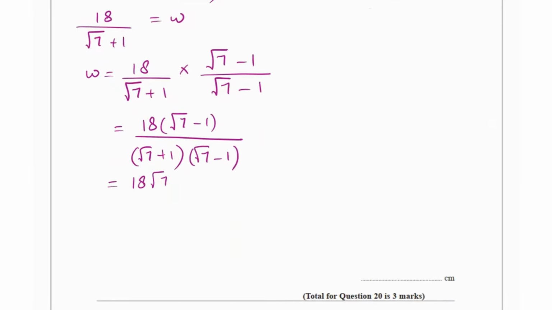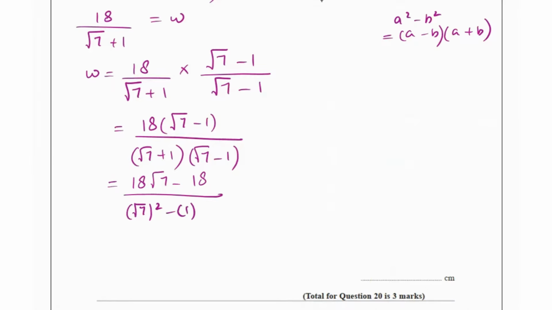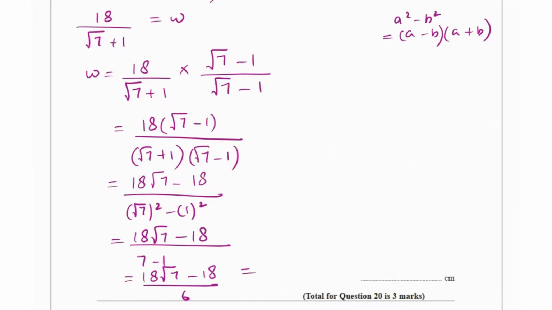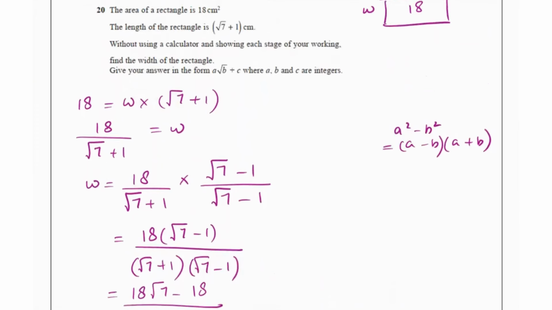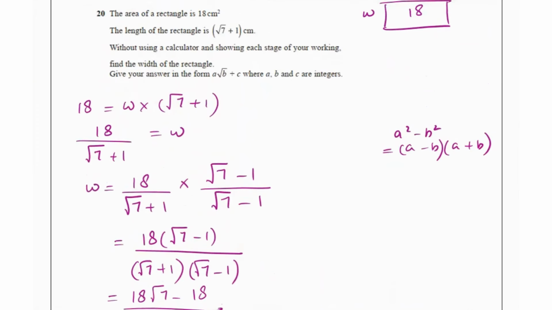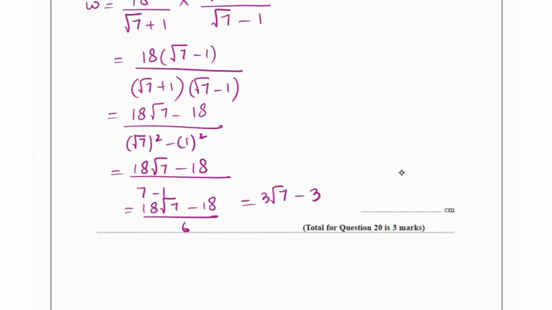So it becomes root 7 squared minus 1 squared, which is going to give us 7 minus 1, and that's 6. 18 root 7 minus 18 over 6. 18 divided by 6 is 3, so 3 root 7 minus 3. Give your answer in the form a root b plus c, where a, b, and c are integers. So your answer is 3 root 7 minus 3 centimeters.